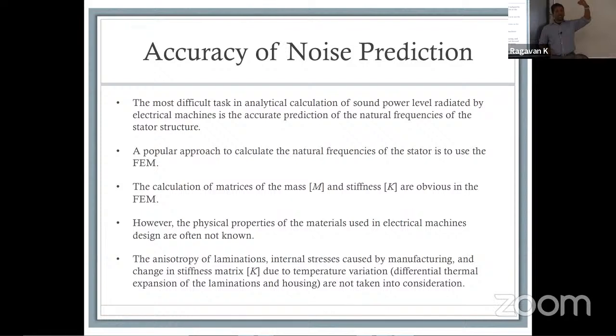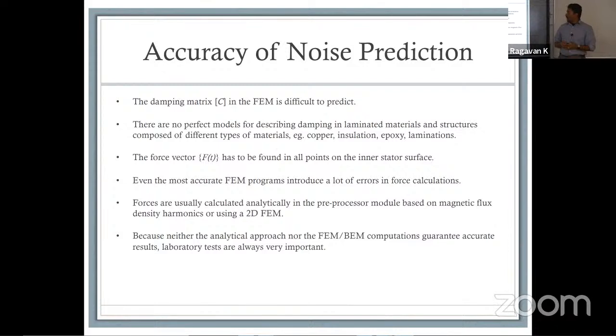If you are going to operate at 100 to 120 degrees Celsius, the question is, are your NVH models aligned with what you're trying to do for high frequency or high temperature solutions? Then there is the damping matrix C, which is difficult because it's a mechanical function.